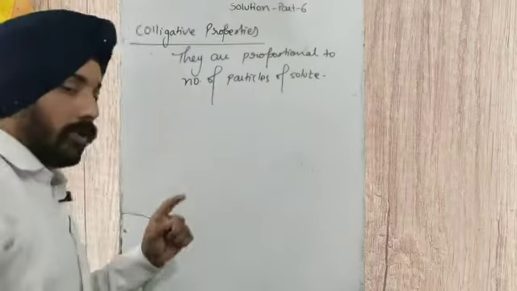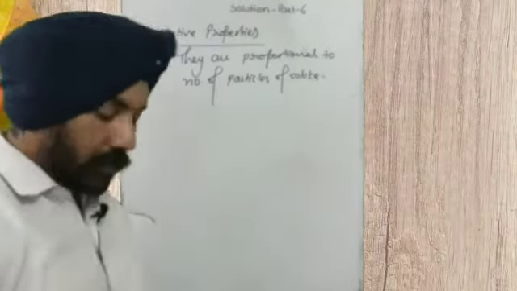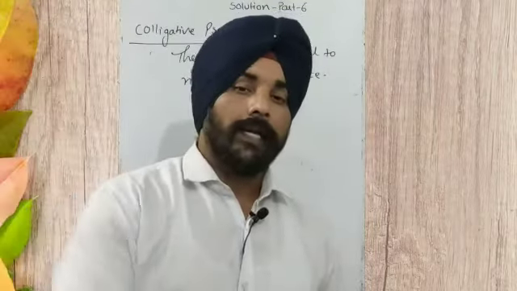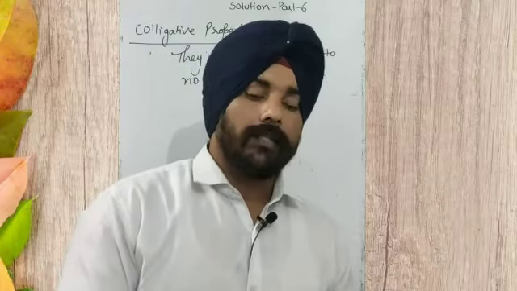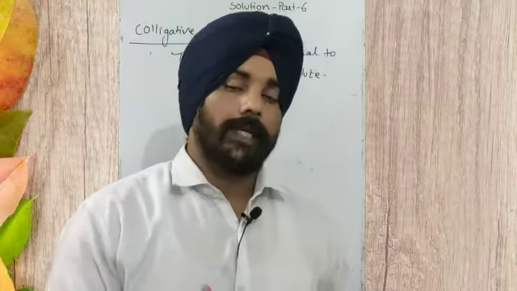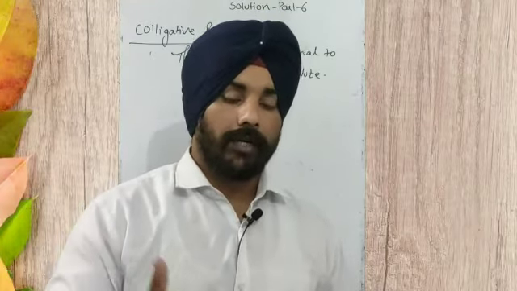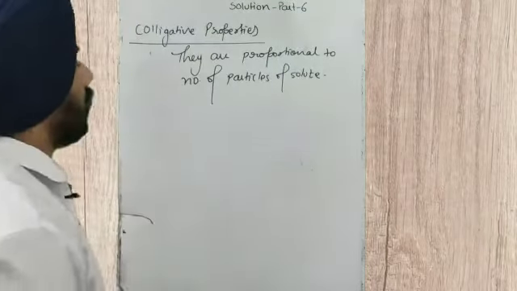This question also sometimes comes in the board examination. By taking the name of a property, it generally asks you to explain why this is a colligative property. I am going to write the names of the colligative properties.